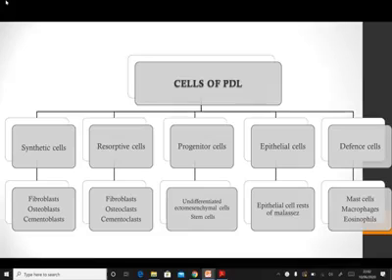In the last lecture, we talked mainly about what the PDL, the periodontal ligament, is, how it is defined, and what the composition of the periodontal ligament is. Then we were talking about the cells of the periodontal ligament.